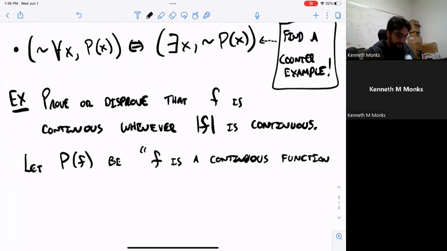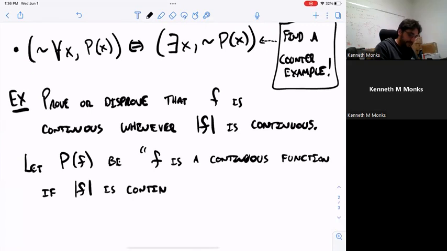That's the statement that we're considering here. And we want that to be not just that f itself is continuous, but that f is continuous if absolute value of f is continuous. This is the claim that we're looking for, right?